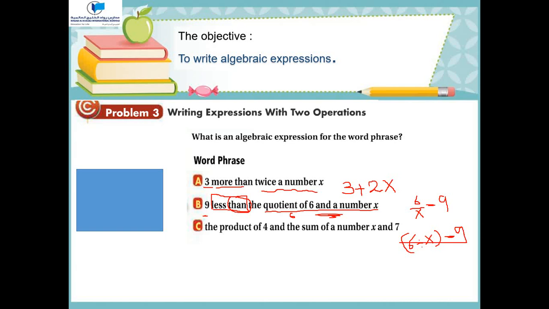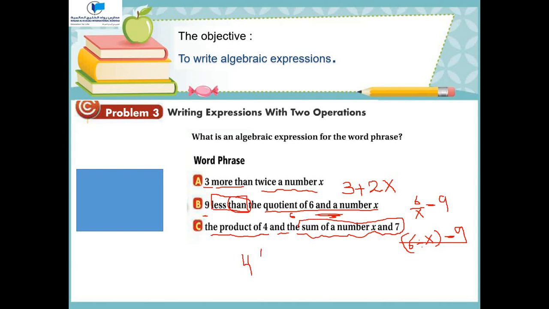The product of 4 and the sum of a number x and 7. So the product of 4 and the sum of something, the sum of all this, so you will put what you have here in parentheses. So 4, the product between 4 and all what I have here.